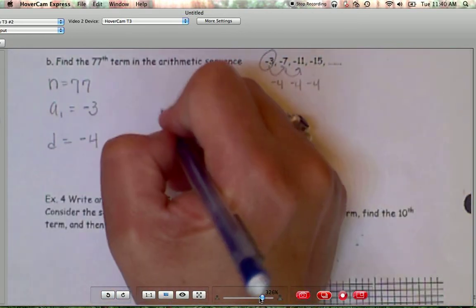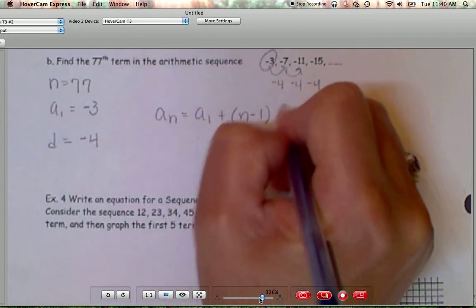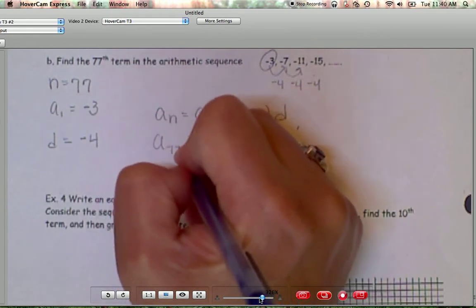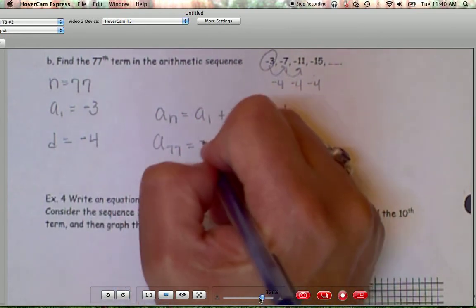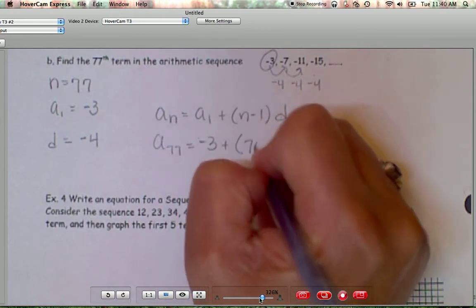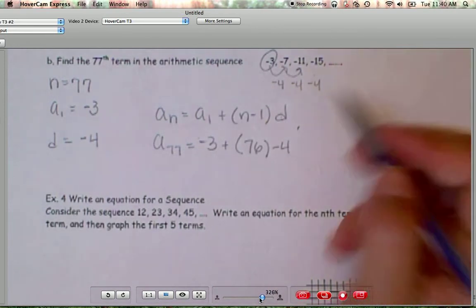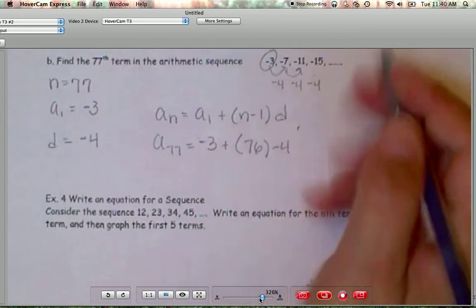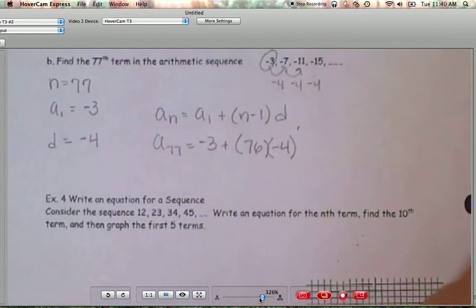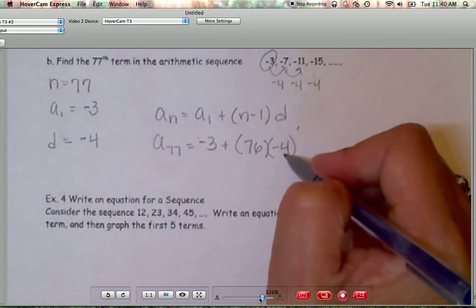So we write out our formula, a sub n equals a sub 1 plus n minus 1 times d. And a sub n would be a sub 77. The first term is -3. N minus 1 would be 76. And the common difference is -4. So 76 times -4. Now when you put in -4 here, it's really important that you put that in parentheses so it doesn't look like you're subtracting 4.